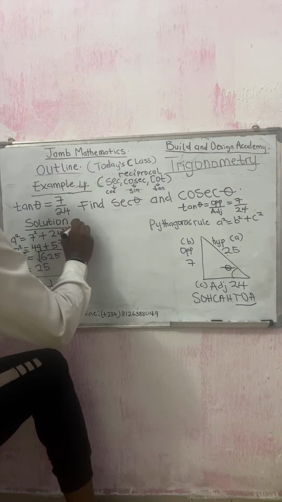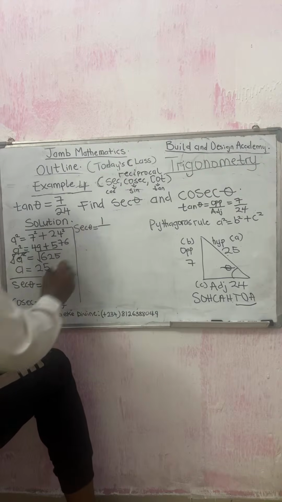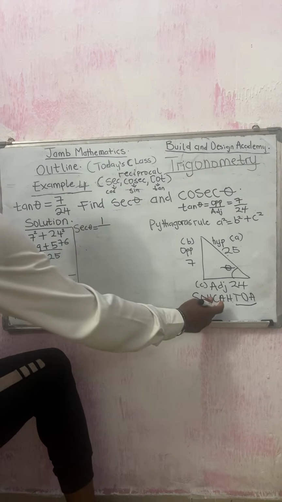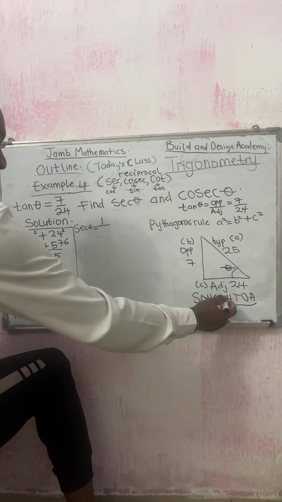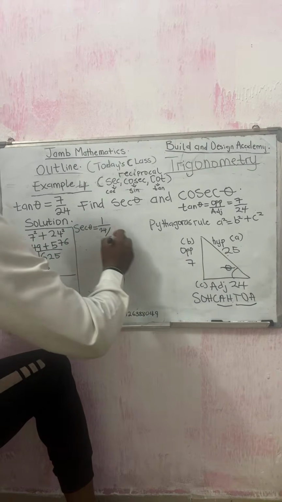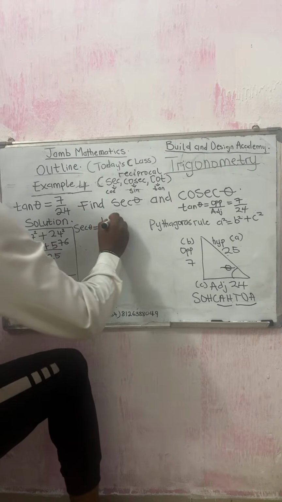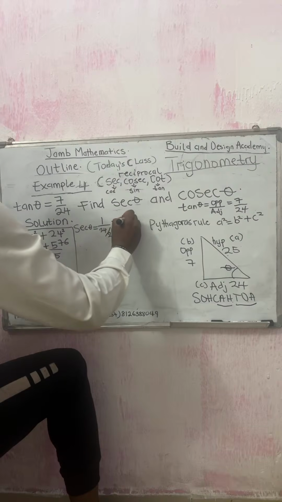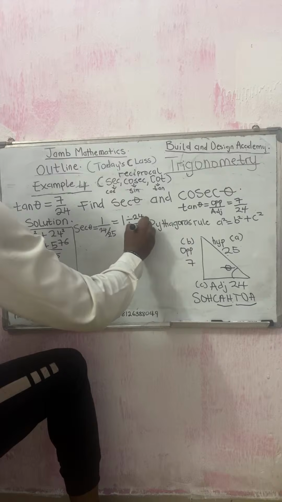To find sec theta, we have 1 over cos theta. Cos from SOHCAHTOA is adjacent over hypotenuse. Our adjacent is 24, so we have 24 over hypotenuse, which is 25. So this is the same thing as 1 divided by 24 over 25.